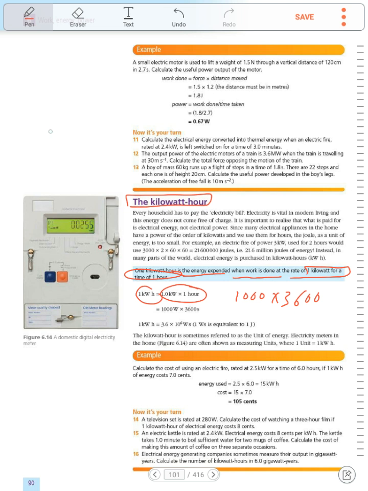So we have watt multiplied by second. Watt is power, which is energy over time, energy over second, multiplied by second, so I have energy. So the kilowatt hour is equal to joules. Each 1 kilowatt hour is about this value, watt second, or 1 joule.